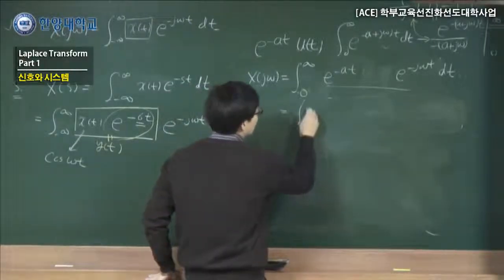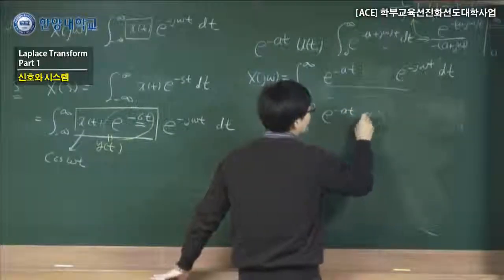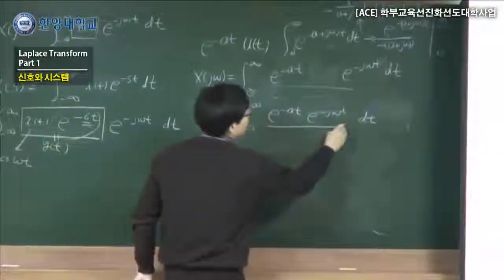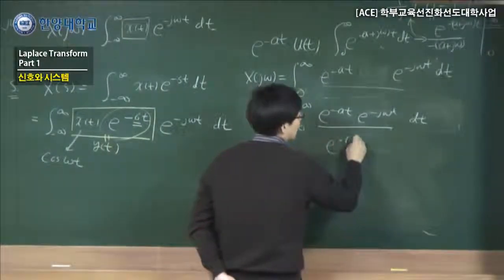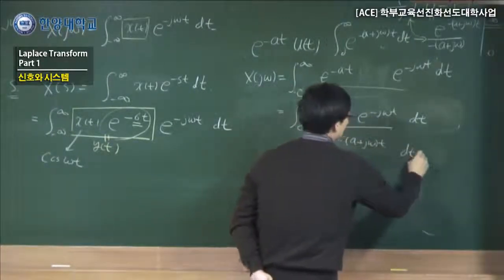When you do that, it will look like e to the minus a t times e to the minus j omega t dt. If you multiply them together, they are given by e to the minus (a plus j omega) t dt.